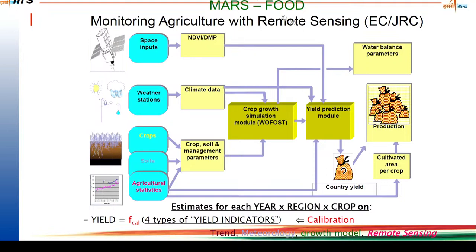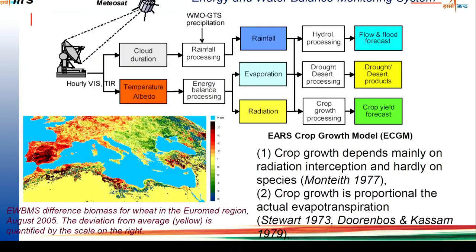Then there is MARS of the European Union, which uses satellite data, in situ measurements, and weather forecasts to model crop yield with indicators: remote sensing, trend indicator, and crop simulation model. All these indicators are used for yield estimation of different crops in the European region.